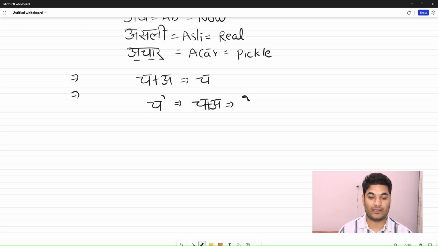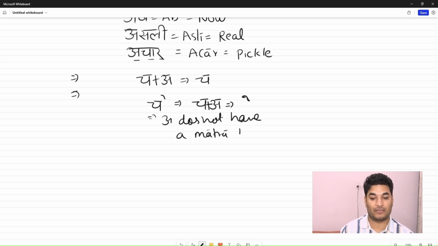That's why a does not have a matra form. No need to put any symbol because it does not coordinate with the consonants.